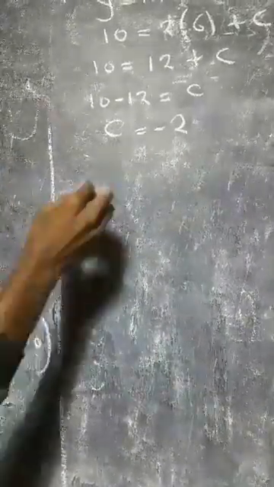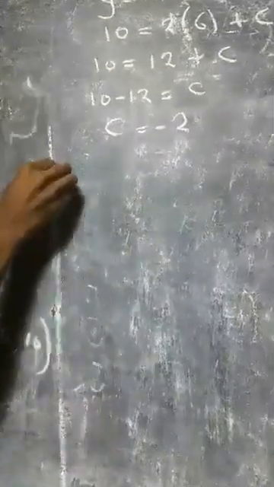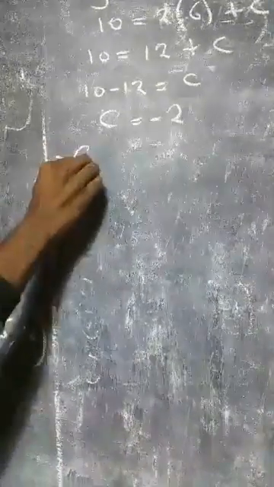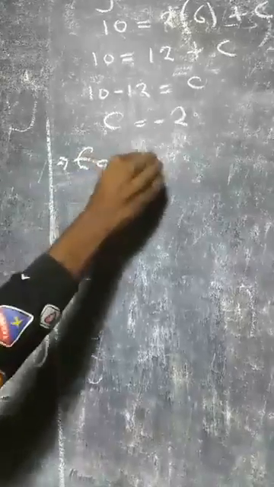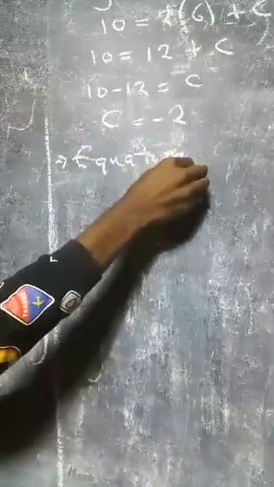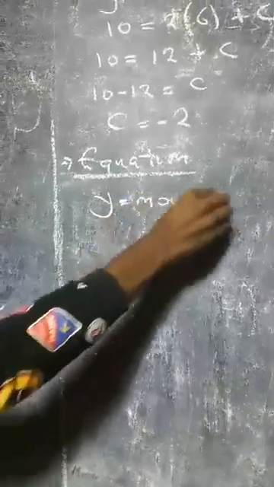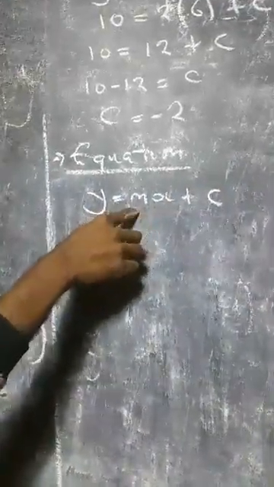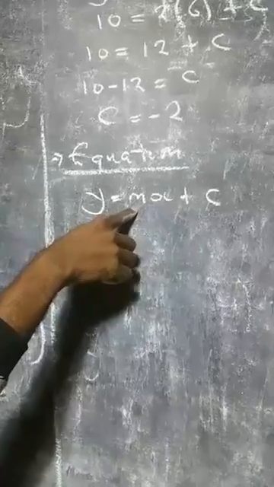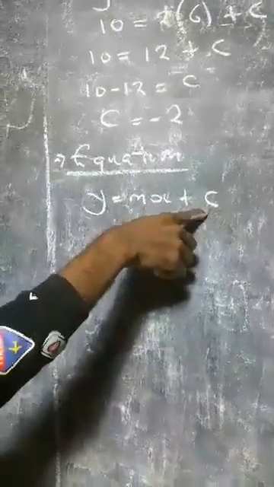So we can now finish it up. The equation y is equal to mx plus c. Our gradient is 2. Our c is negative 2.